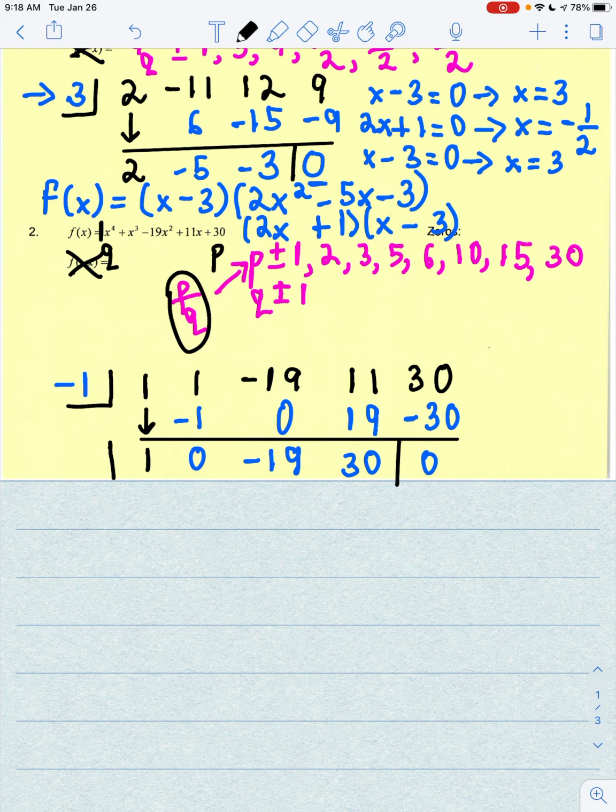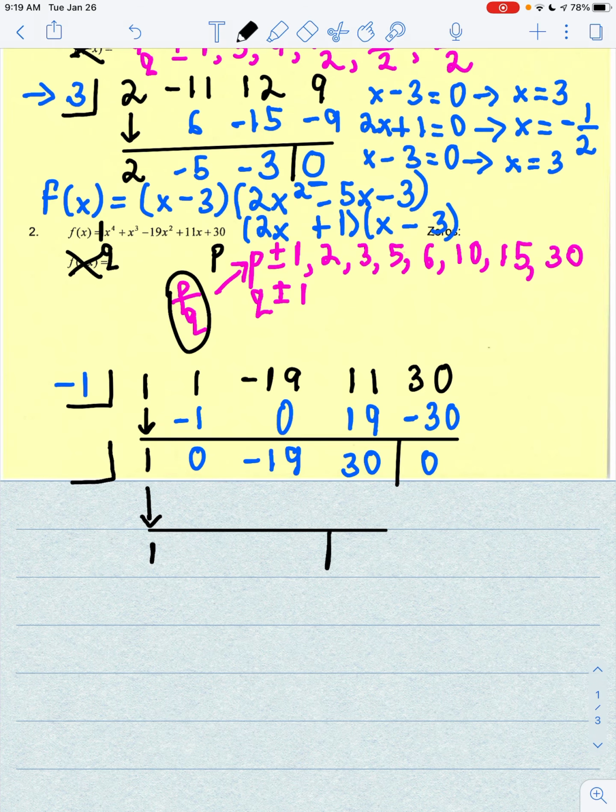I'm actually going to put a half box right here, draw another line, but I'm not going to have an extra column. I am going to have one less column because I have one less degree.